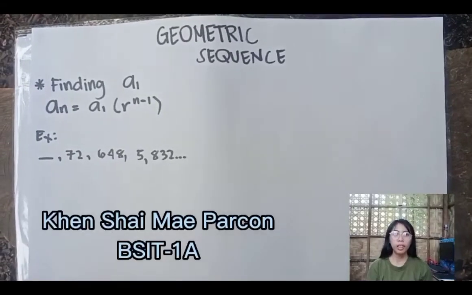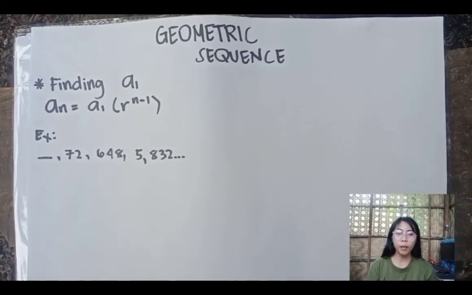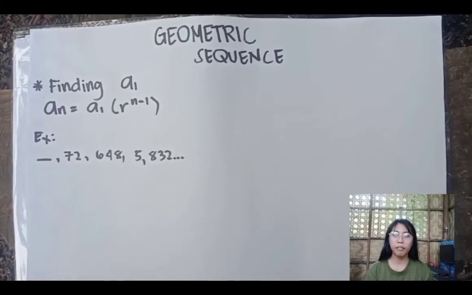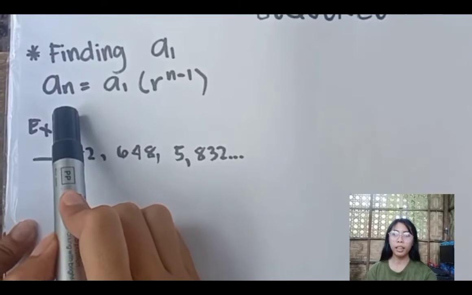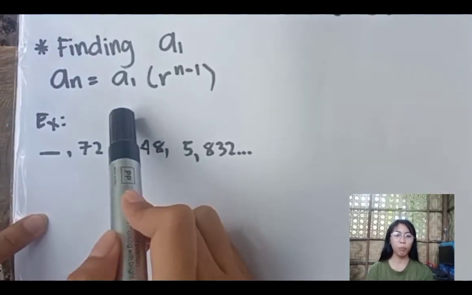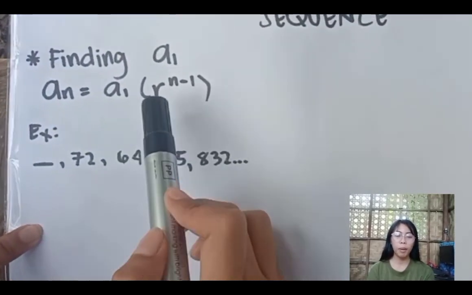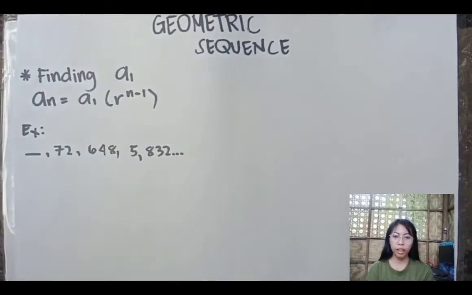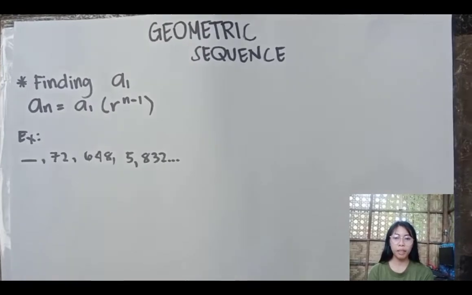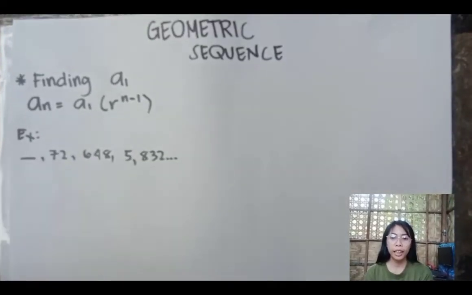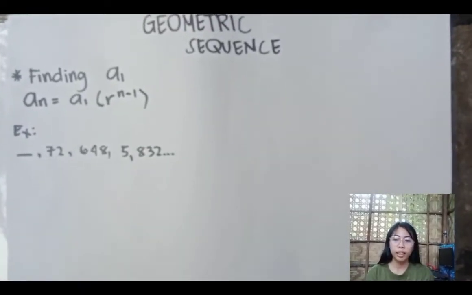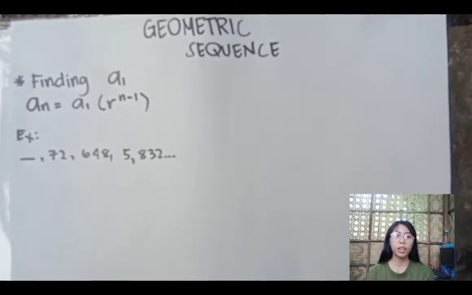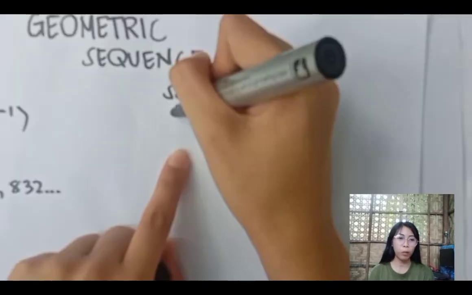So now, let us learn how to find a1. Here's the formula in finding a1. A sub n is equal to a sub 1 times r to the power of n minus 1. For example, here are the terms. Given this 72 as our second term, since our first term is unknown, let's solve for a1.